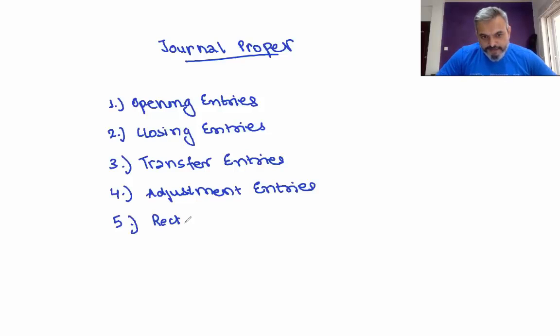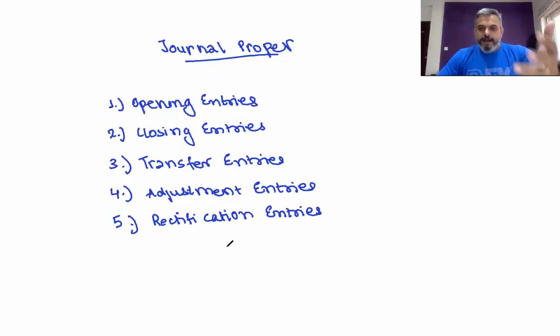Then rectification entries. Now there is a chapter on this. Rectification entries means if we have recorded something wrong, then how do we rectify that? So we pass rectification entries which will be recorded in journal proper.